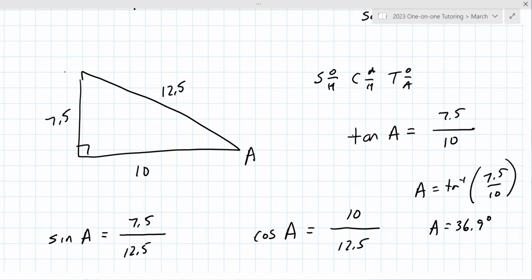And how would we find angle B now if we have the other angle? We know that's 36.9. We know there's 90.